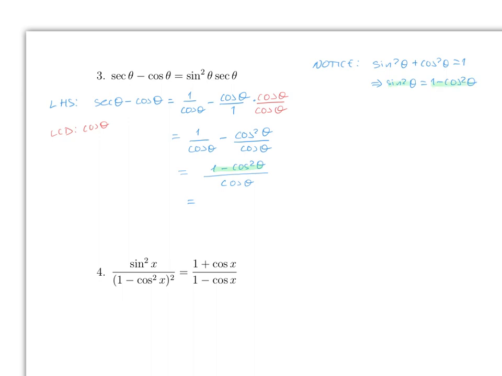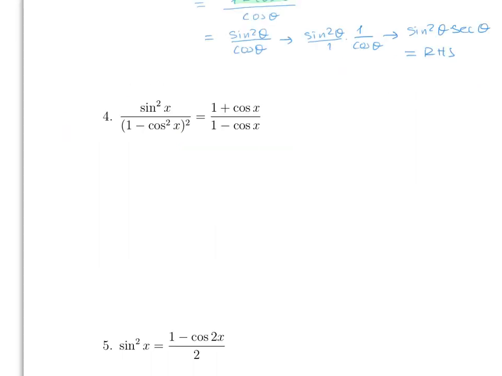So this is now sine squared theta over cosine theta, which you can write as sine squared theta over 1 times 1 over cosine theta. But remember, 1 over cosine is the reciprocal identity for secant. So this is secant theta, which is exactly the right-hand side. And that's it.